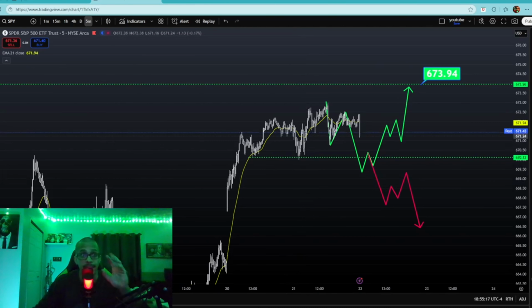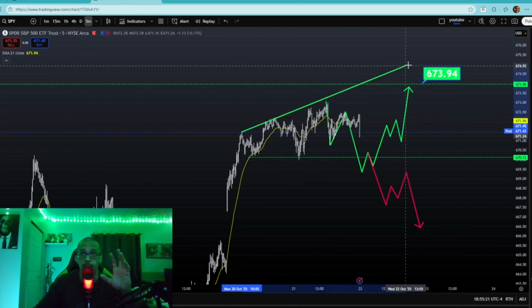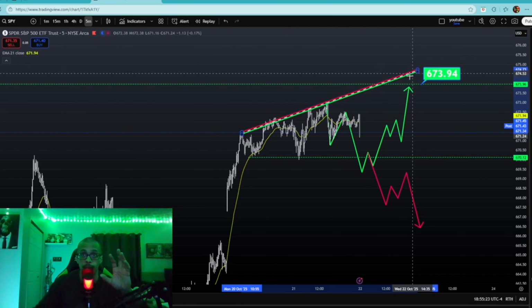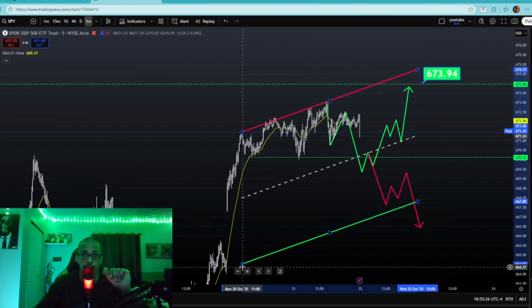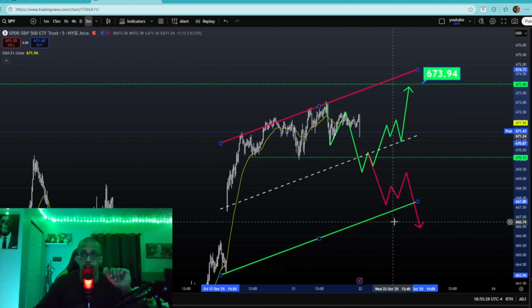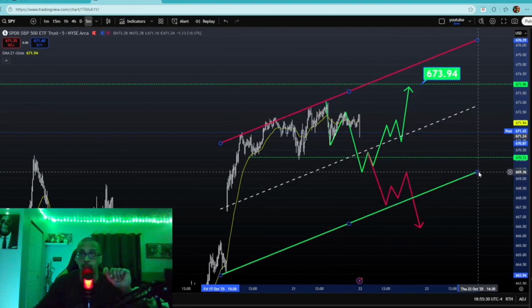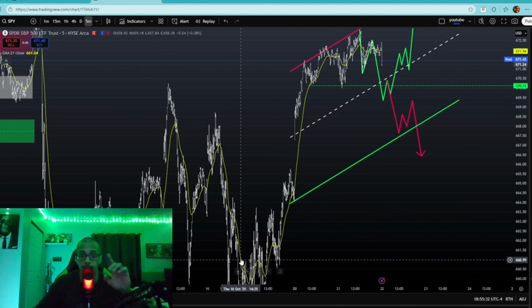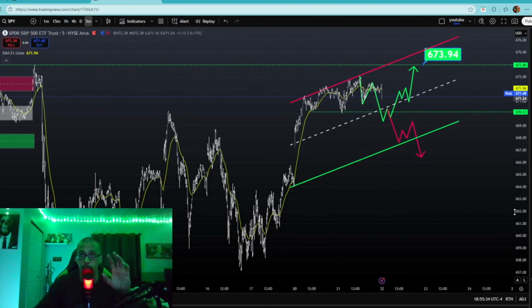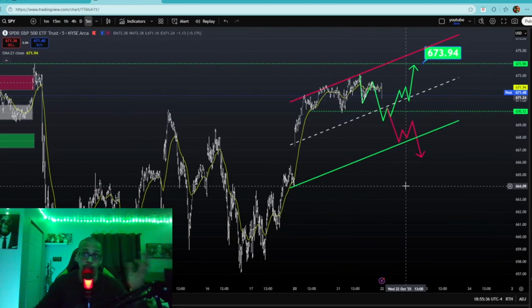Now, another way to encapsulate everything so you can understand the concept a little bit, if we find a channel like so, roughly speaking, okay, and draw it down here just like so, you can see we have a pretty nice bull channel. Now, this bull channel is very important because it symbolizes the breakout and its strength going higher, okay?